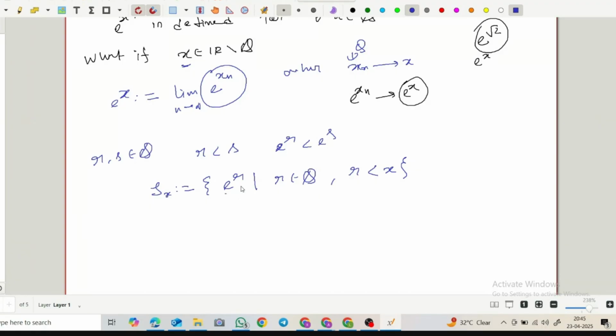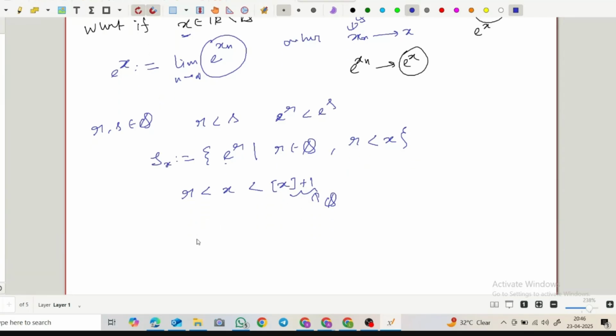Because these terms are defined, right? E to the power r is defined for r rational. Now you observe r is less than x, which is less than floor x plus 1, and this floor x plus 1 is in Q, right? So we can say this for all r less than x.